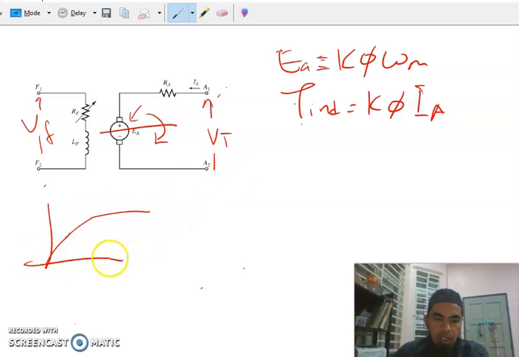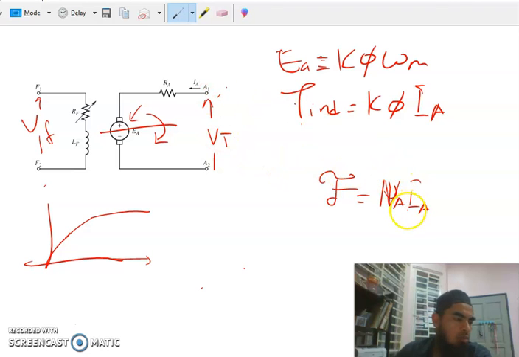Previously, we saw that the MMF, the magnetomotive force, is equal to NA times IA, the number of turns of your armature times the amount of current that passes through it. So this is the amount of generated magnetomotive force.